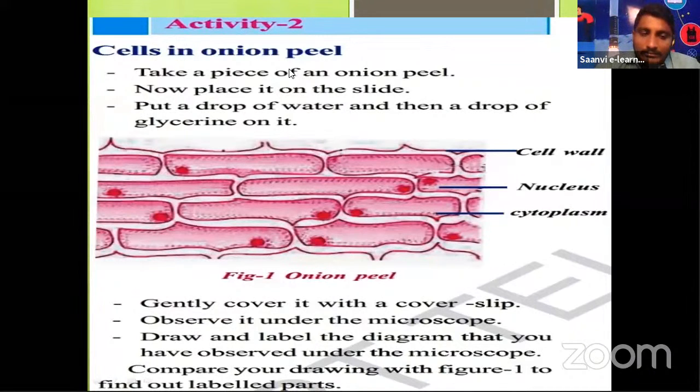we have to take an onion bulb, peel an onion and cut out a small fleshy portion from the bulb, and break this piece into two small parts and try to separate them.